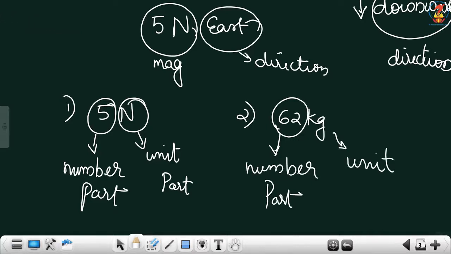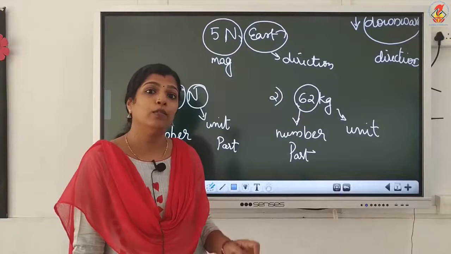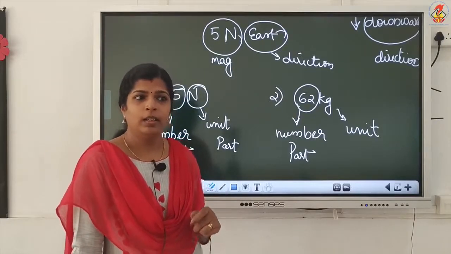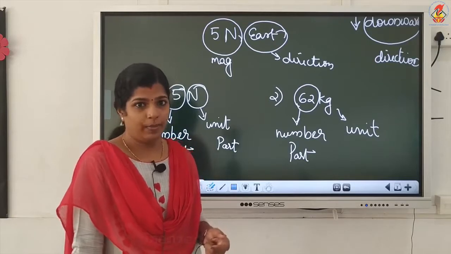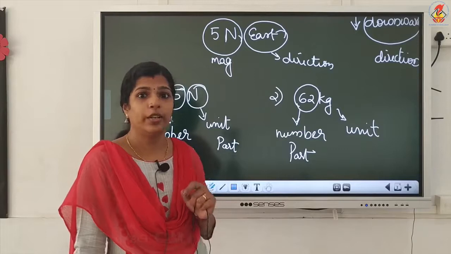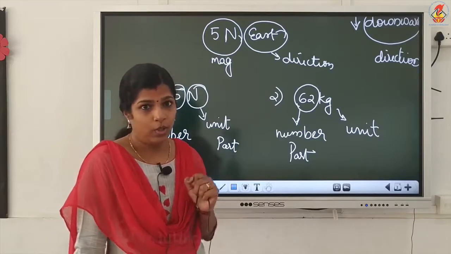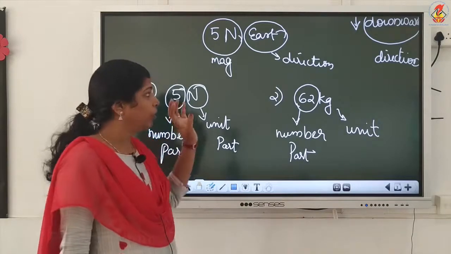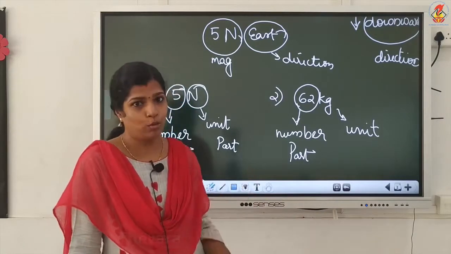So, when you do problems in higher classes, almost all physical quantities will have a unit. Certain physical quantities are there without a unit, but almost all will have one. So, when you do the problems, according to the number, you have to write the unit also.